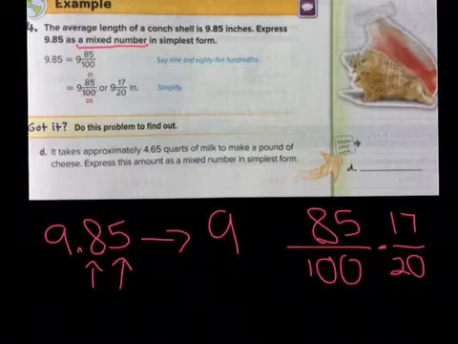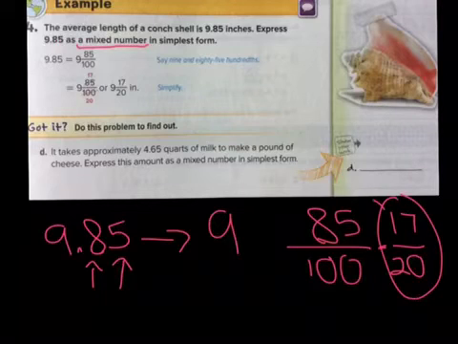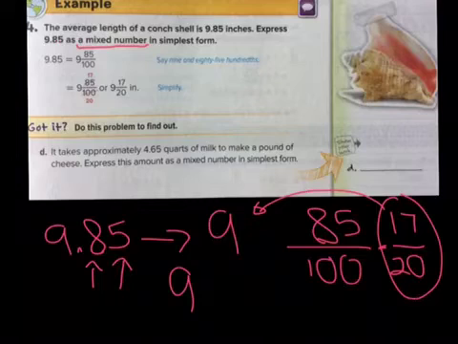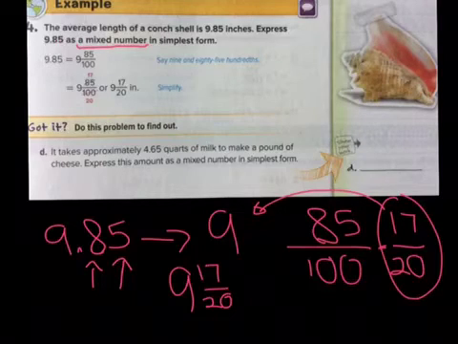So I found the greatest common factor to be 5. Now I take this fraction and I add it to my whole number, so my answer would be 9 17/20. You see? It's almost 10, but it's not quite there yet. And that's how you would write a mixed number.